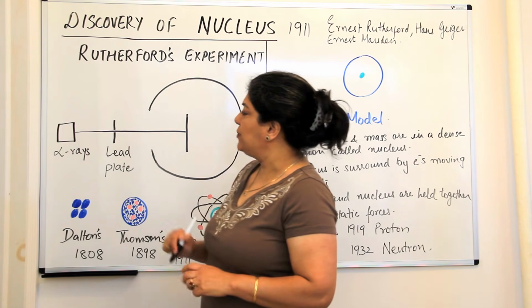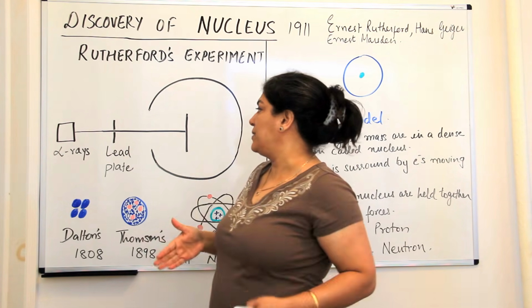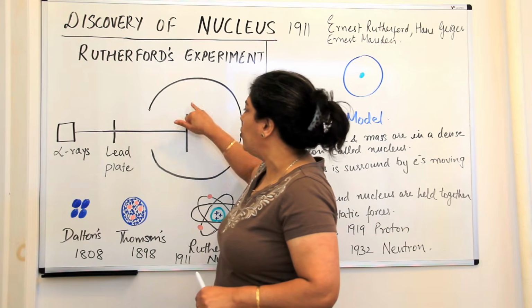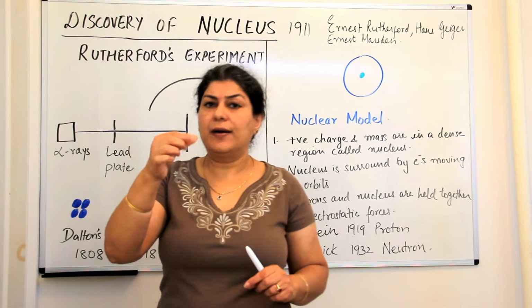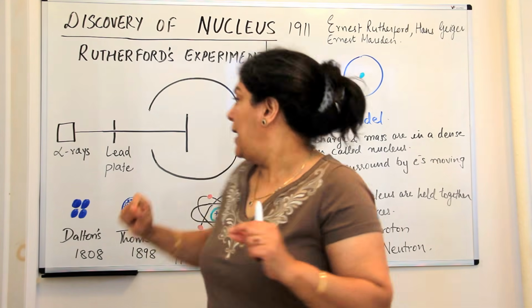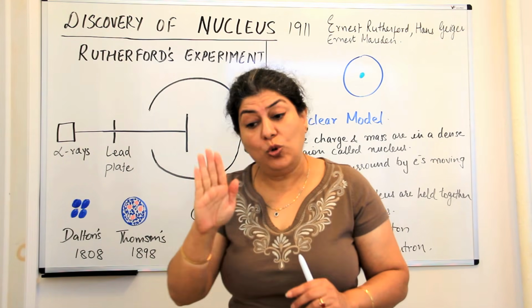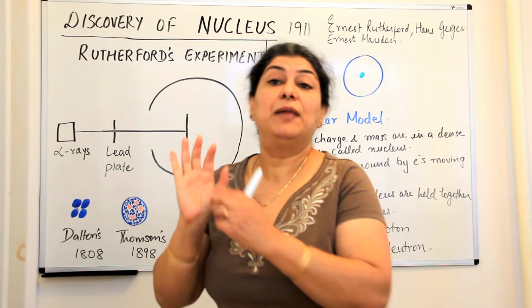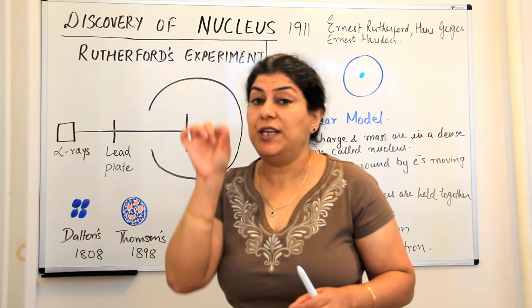So he took a lead plate in between with a hole so that the alpha rays could be focused at a point, and he bombarded them over this gold foil. The gold foil was like our aluminium foil that we use to wrap our food in. And this foil was very, very thin. It was so thin that these scientists claimed that it had just about 2 or 3 atoms in the sheet.